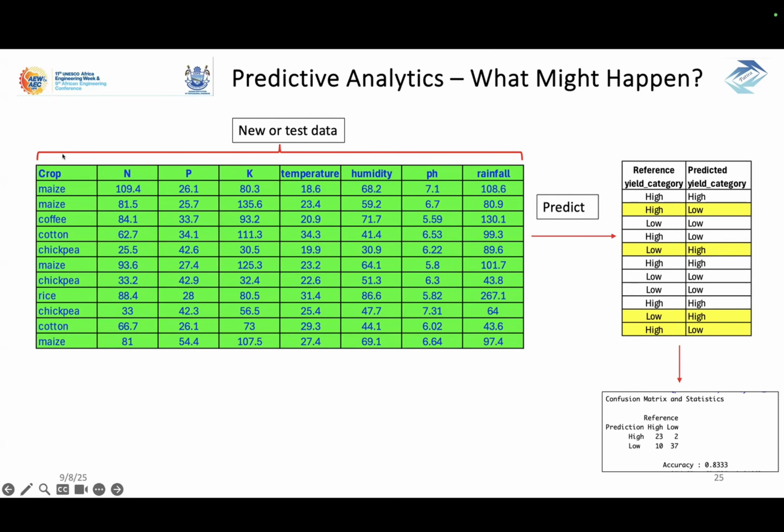So assume this was the test data set. The reference is the ones that were really from the data. You can see from here, most of them were predicted correctly, but if you look at the yellow, this was supposed to be high, and was predicted low, and so forth. There's something called a confusion matrix that helps you determine whether your model is good or not.